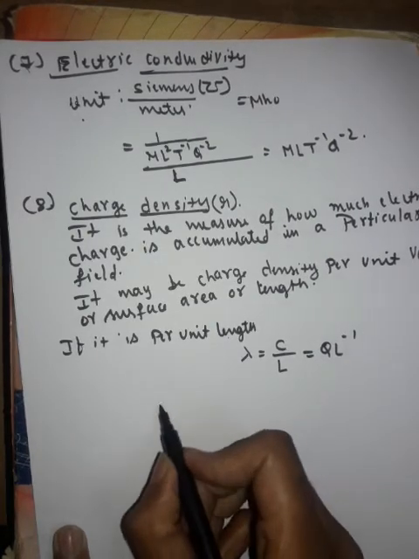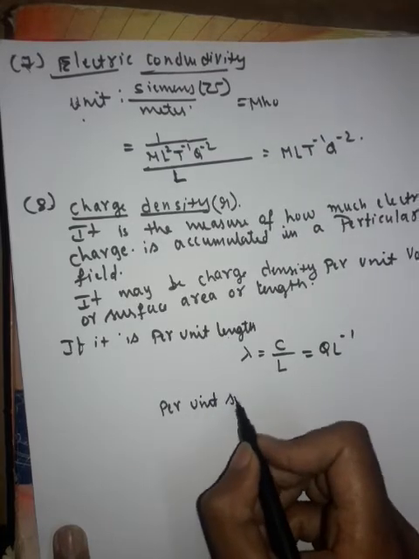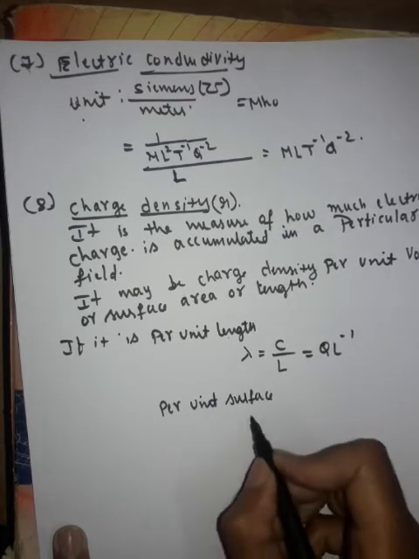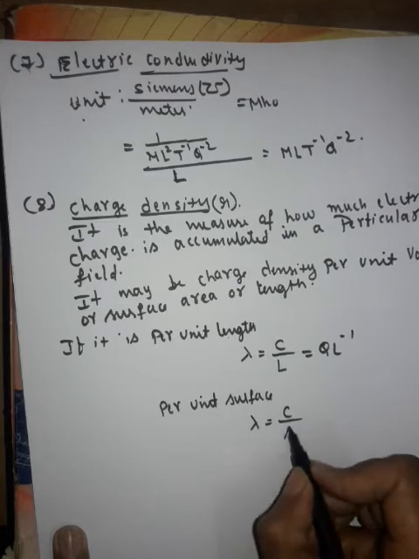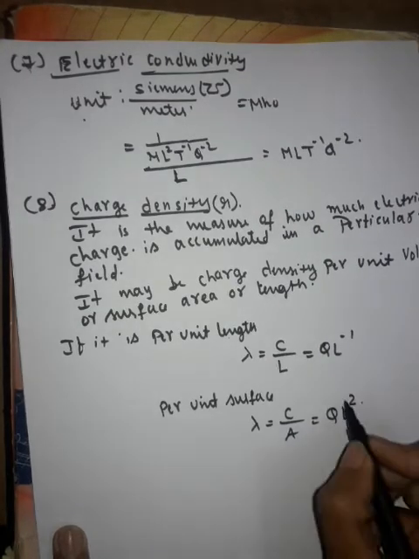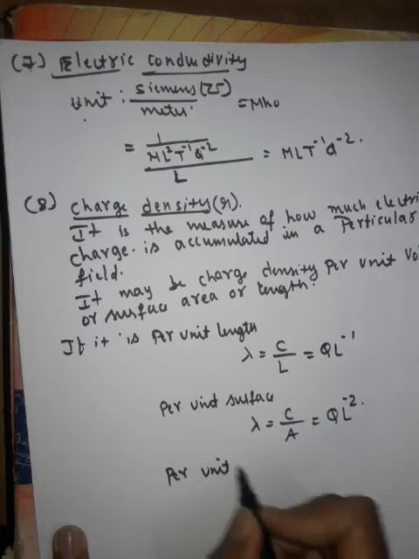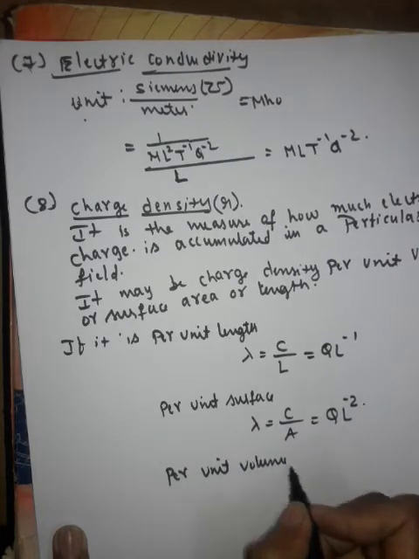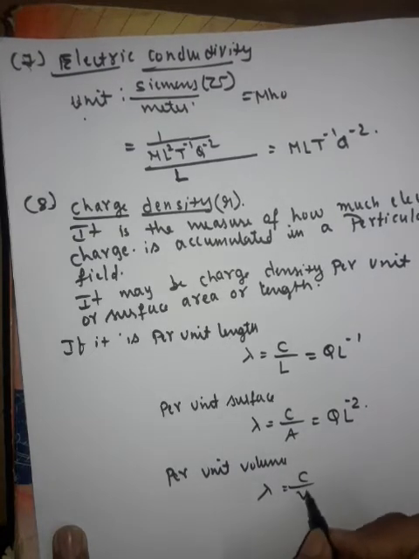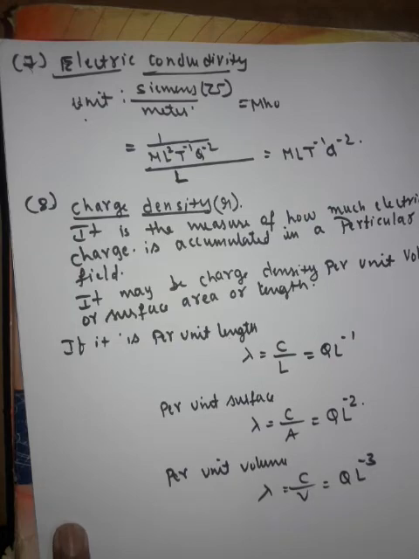If it is per unit surface, then it is given by C by A, Q into L square, L to the power of minus 2. If it is per unit volume, it is given by Q L to the power of minus 3.